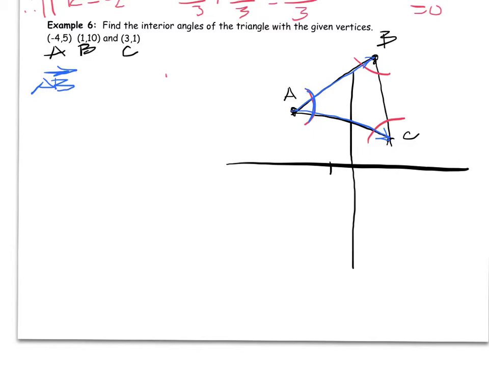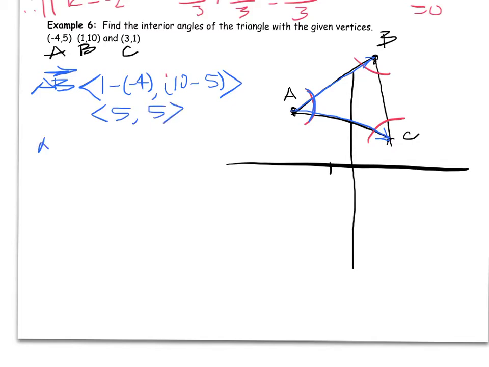If I'm starting at A and ending at B, I need to subtract 1 minus -4, and then 10 minus 5, and write AB in component form, which would be <5, 5>.